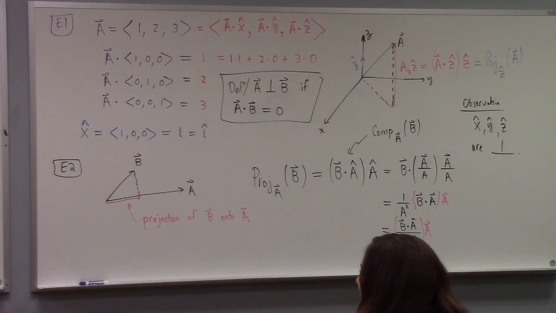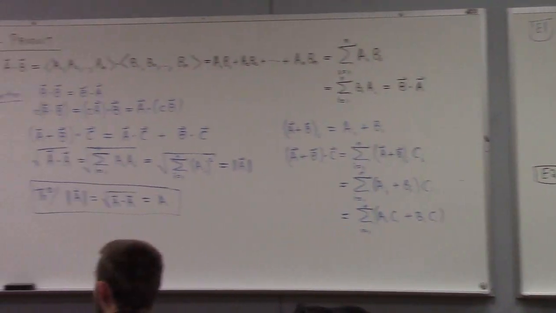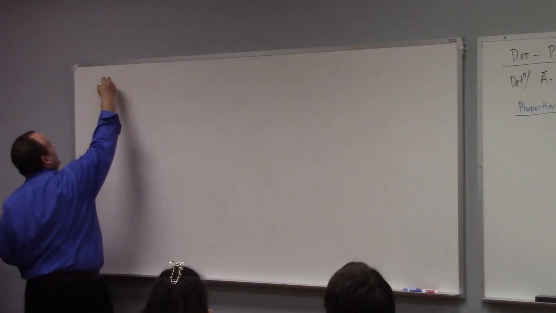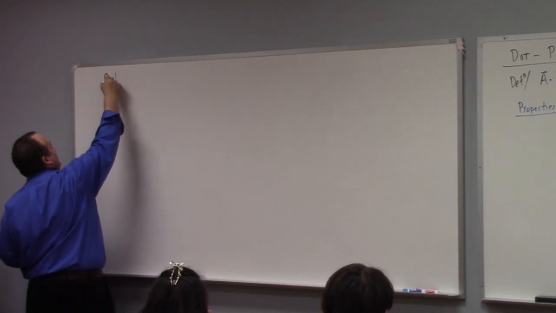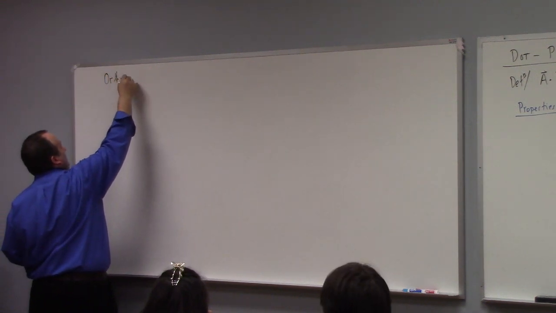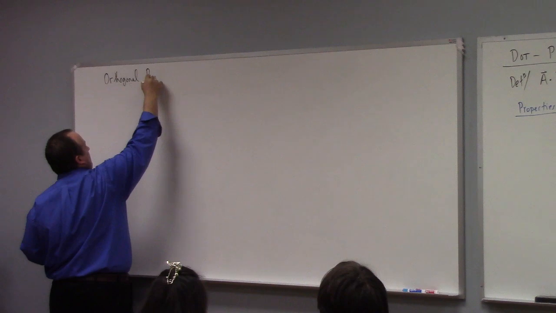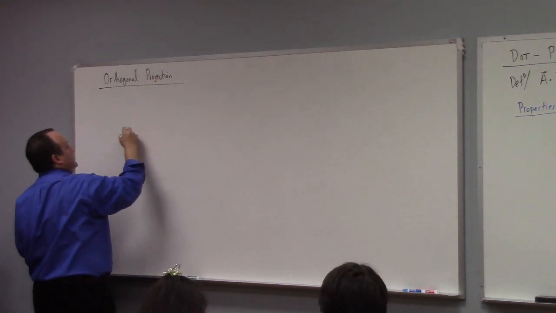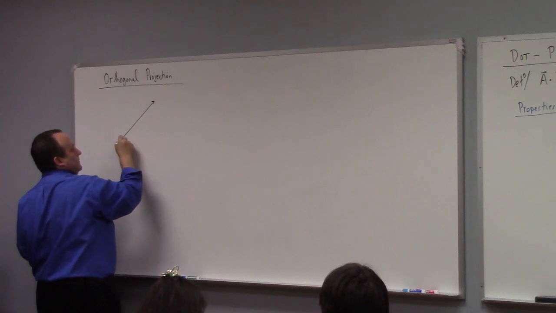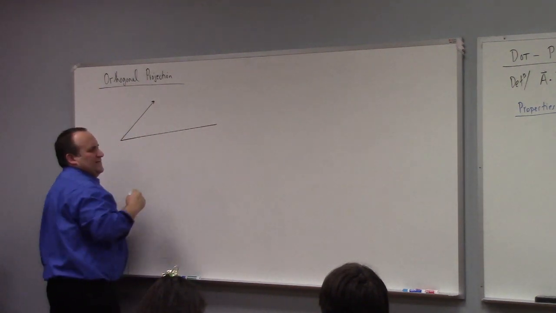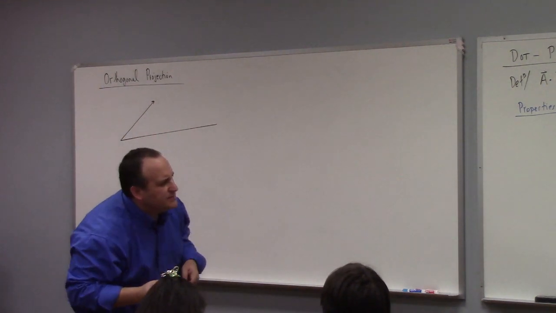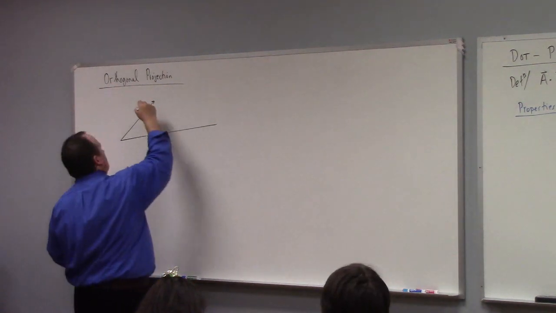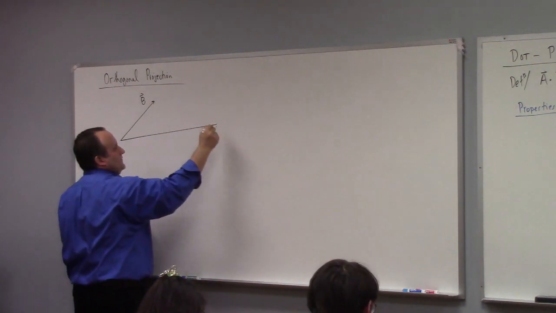Let's see here. So I want to talk about the orthogonal projection. Okay, so I'll make it bigger. What did I have? The upper vector was B, and this one was A, right?